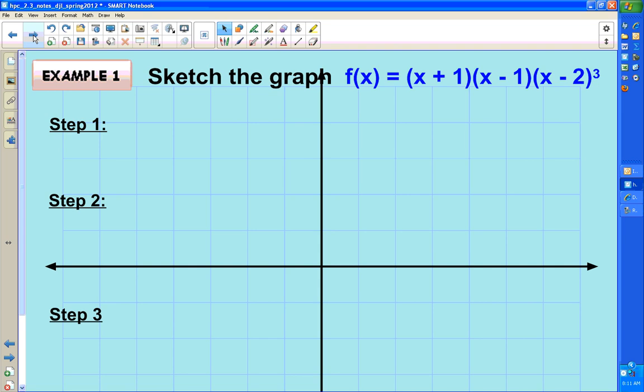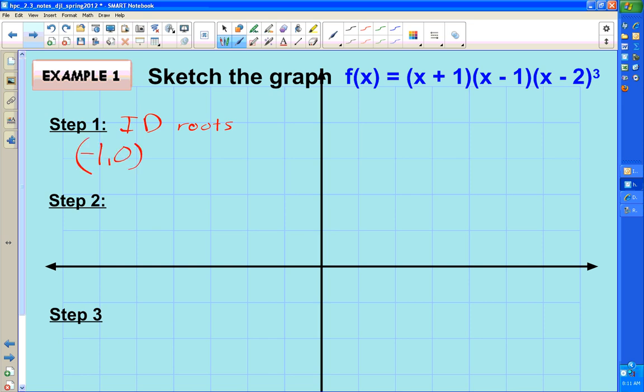So when we look at sketching the graph, this example is already in factored form. So what I'm looking for is to identify the roots. What are the roots for this function? -1, 0.